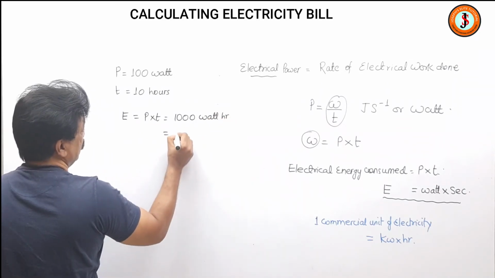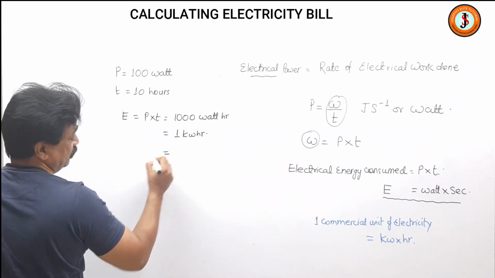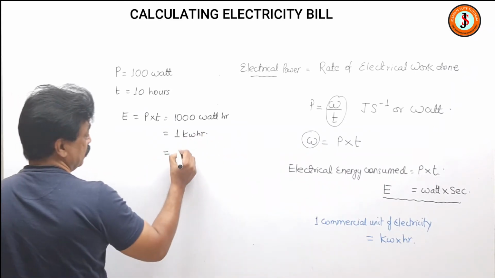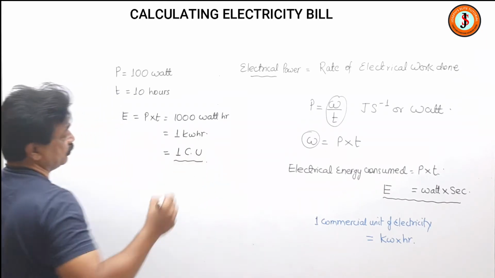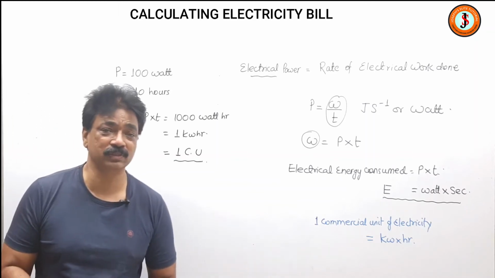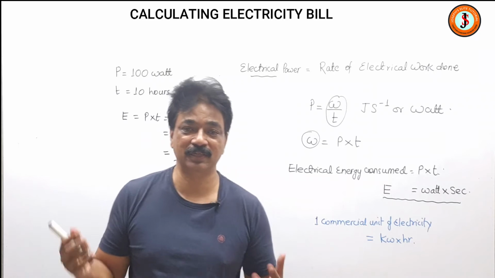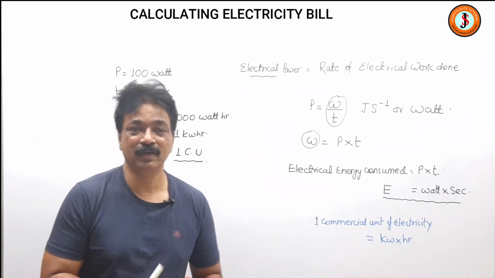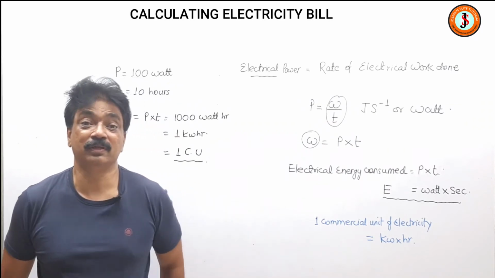That is also called 1 kilowatt hour, which is called 1 commercial unit of electricity. So that's very simple. When you have to understand how much electricity is being consumed by a particular device, you just have to take a look at its power rating and multiply the time for which it is being run, and you will be able to get your electricity bill.